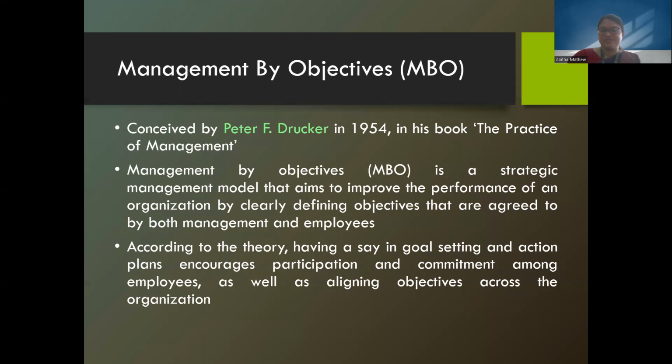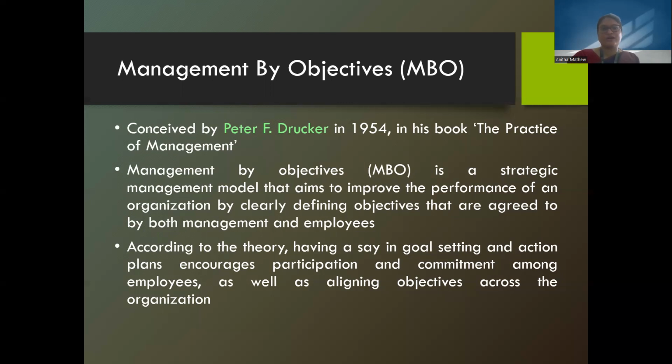The management and the employees, or in the previous example, the teacher and the student can sit together to decide on what they are going to do for the next 3, 6, or 12 months, right? So according to this theory, having a say in goal setting and action plans encourages participation and commitment among employees.